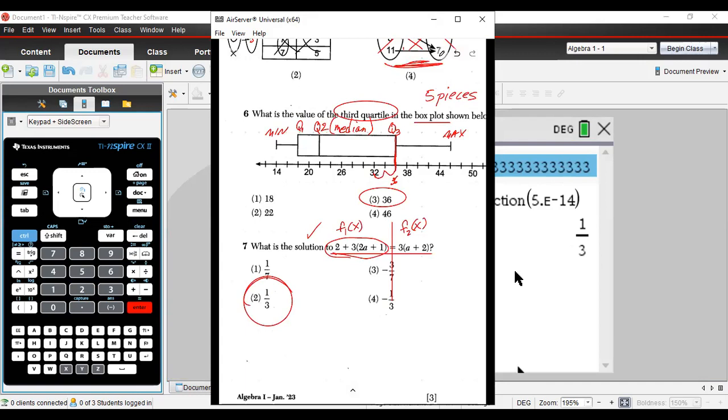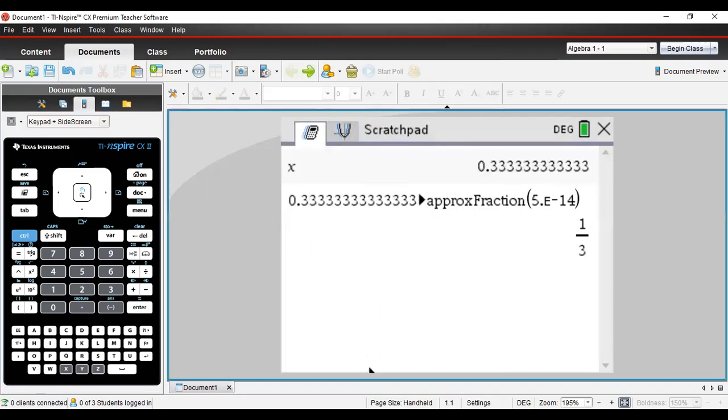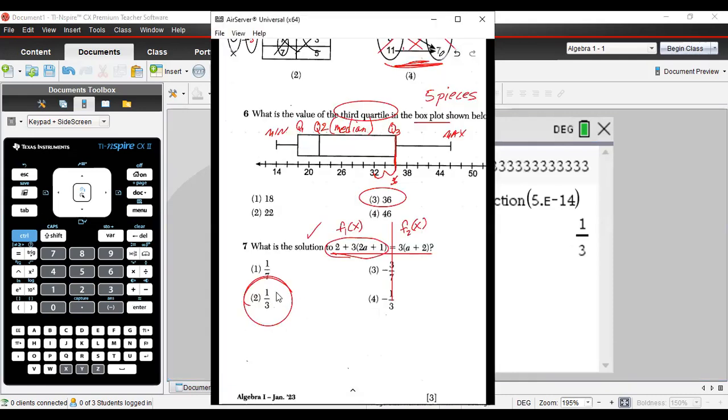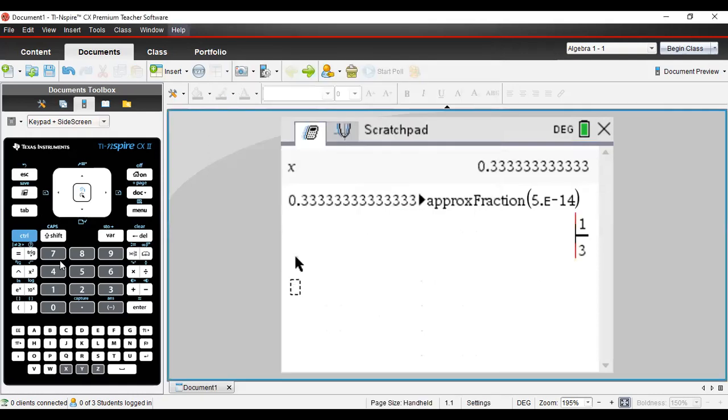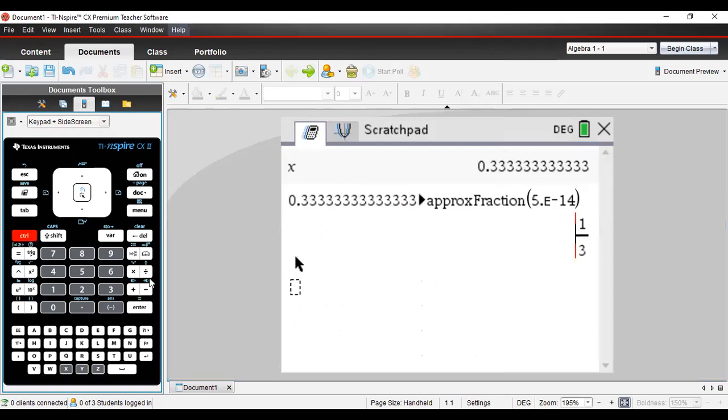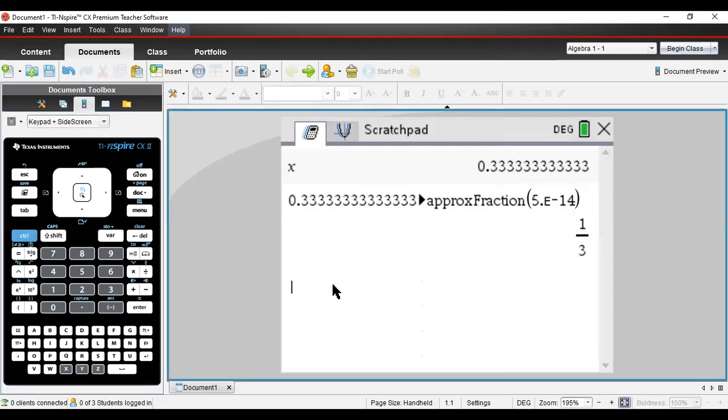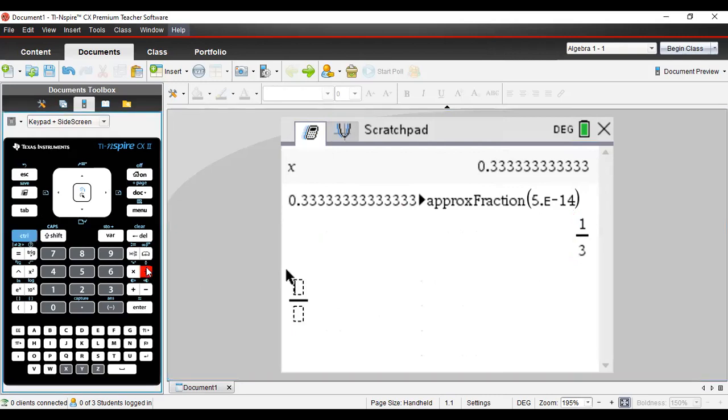Now, here's another way that you could do it. Instead of converting the decimal to a fraction, you can convert the answers into decimals. The way you would do that is control divide.